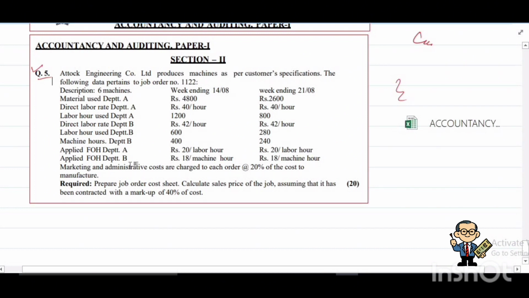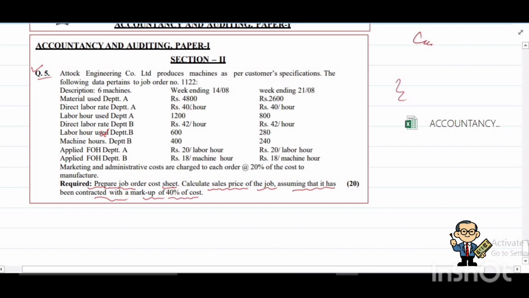What is the requirement? Prepare a job order cost sheet and calculate the sale price of the job, assuming that it has been contracted with a markup of 40% of the cost.